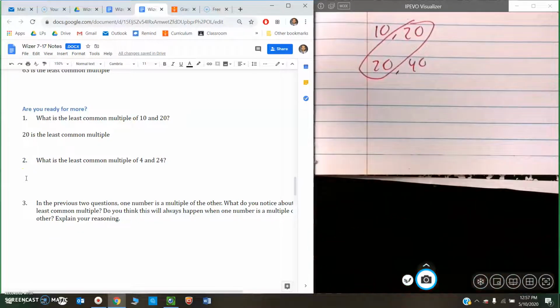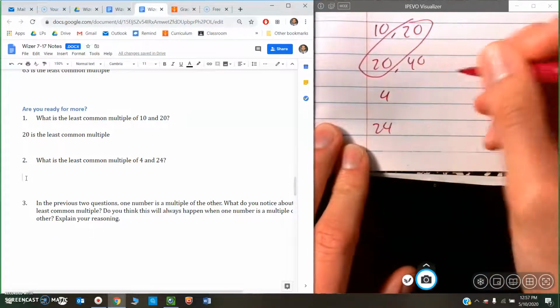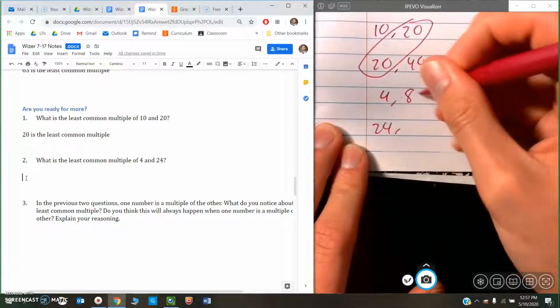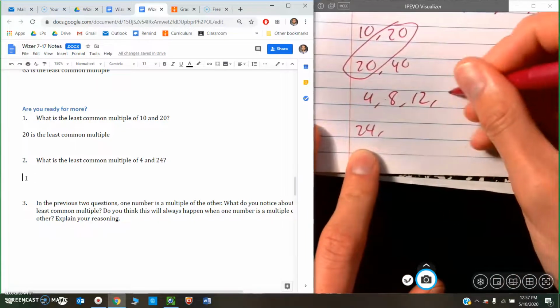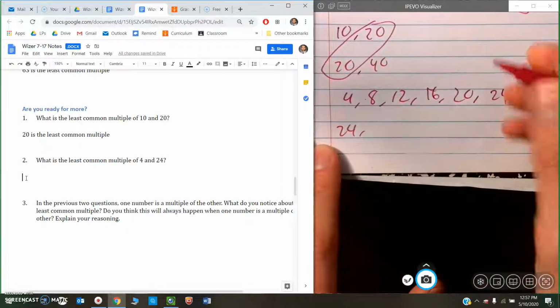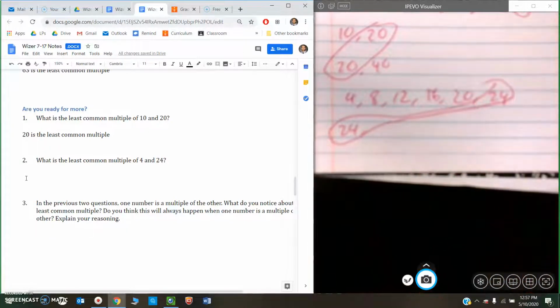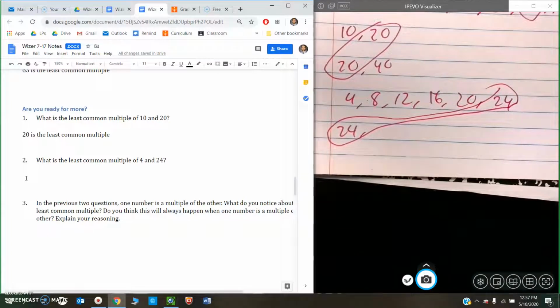Alright, and let's try number 2 then. So we have 4 and 24. 4, 8, 12, 16, 20, 24. And I'm not even going to go anywhere with the multiples of 24 because they're already meeting right there. So the LCM is 24.